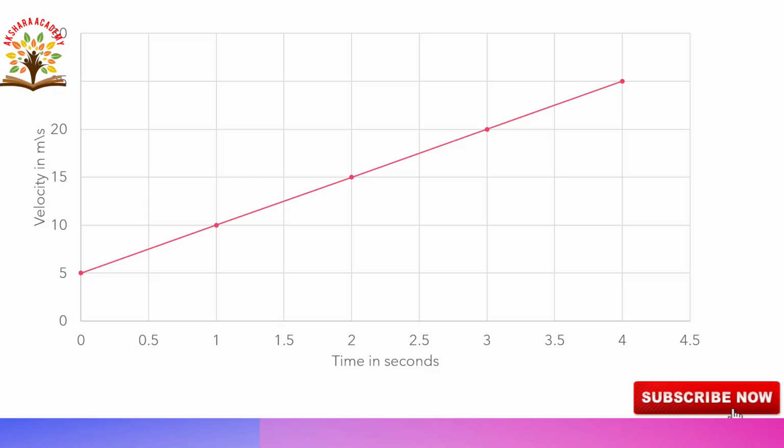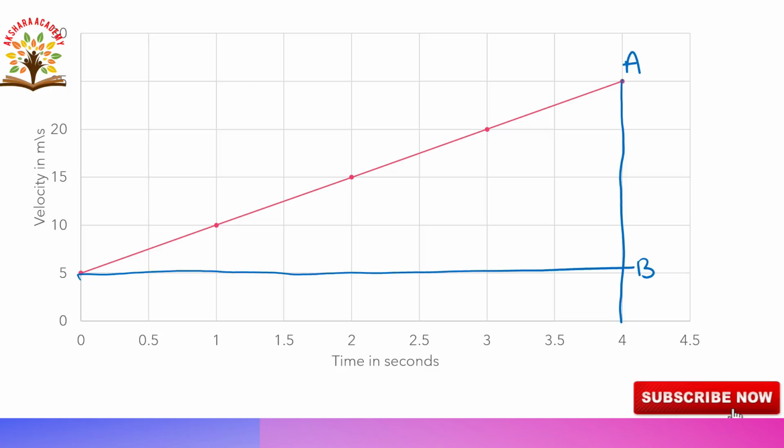Here we are taking the points A, B, C, D, E. Suppose this is A, and we are drawing the line, and this is B, and we are drawing the graph between V and T. This is C, D and E. Assuming the points here, from this we calculate acceleration.